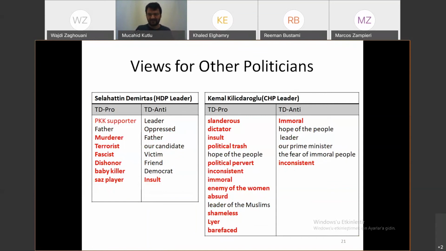And again, you can see why we see this immoral at the very top. We labeled them as anti-Erdogan, but this anti-Erdogan group covers many people from different ideologies, so that might also be the reason. But still, we see a huge difference for these politicians.